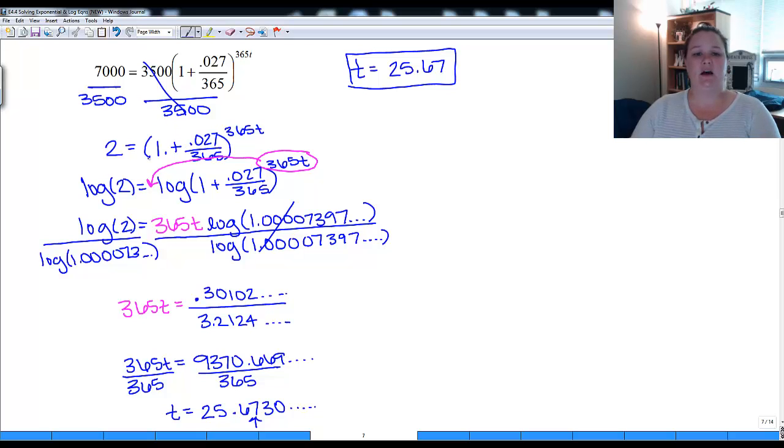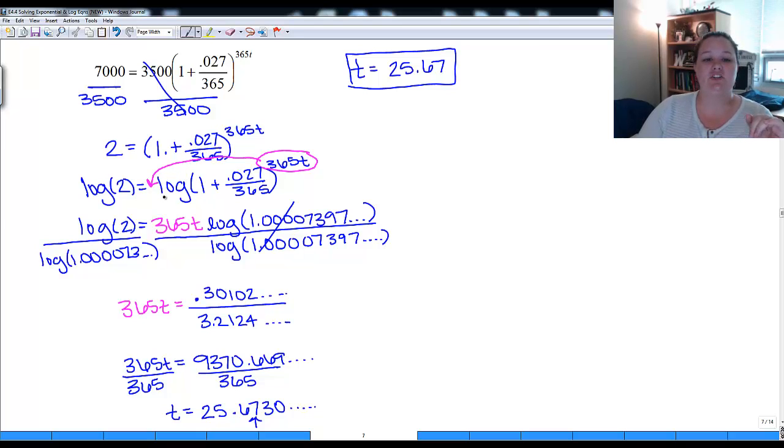So this is what I'm talking about. When we got to this point right here, let me get a bigger dot so you can see what I'm pointing at, we could have taken log base 2 and tried to get rid of this, or we could have done log base 1.00079, but that would have made us have to do change of base later, and that's not fun.